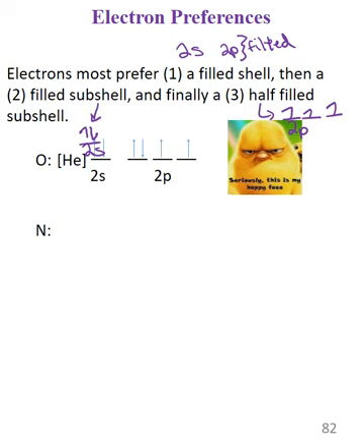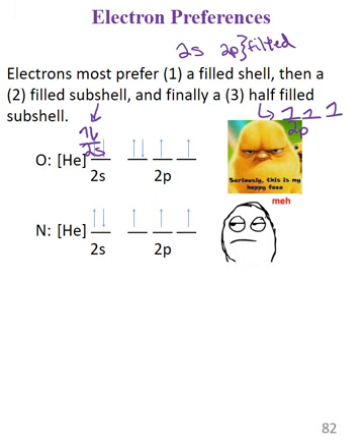Let's say I'm going to look at nitrogen now. The noble gas before nitrogen is going to be helium. Again, we're working in the second shell, so it's going to be 2s and 2p. The 2s is completely full. The 2p is half full. So it's fairly happy.